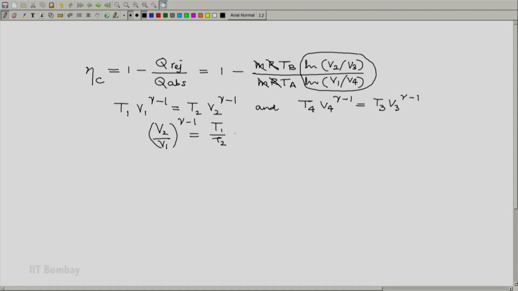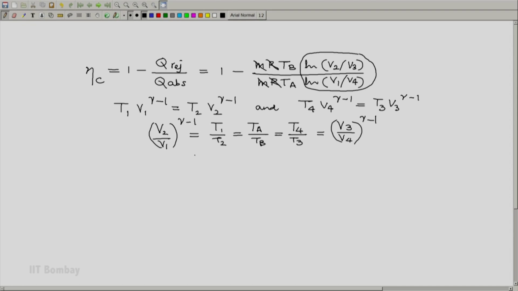But T1 equals TA, T2 equals TB, TA in turn equals T4 and TB in turn equals T3, and from this expression we have this equal to (V3/V4) raised to gamma minus 1.